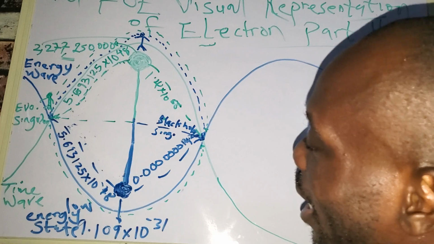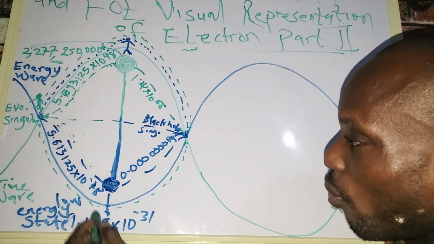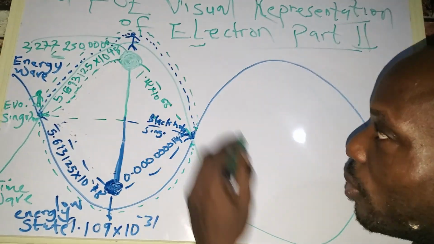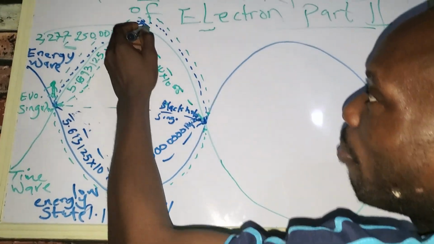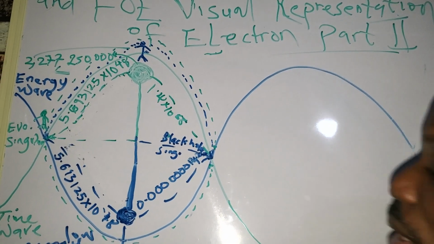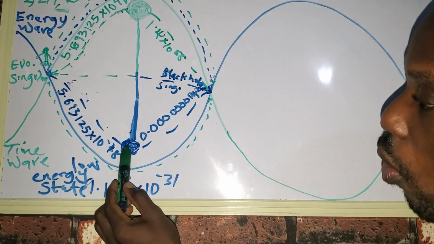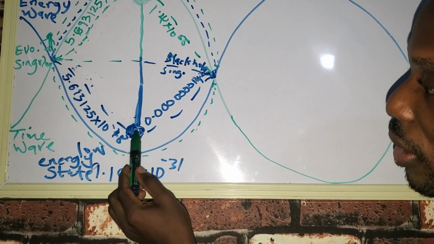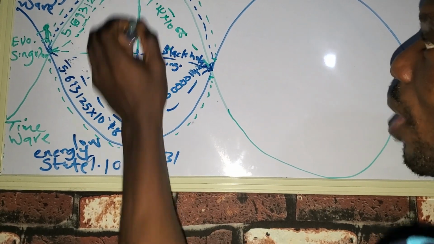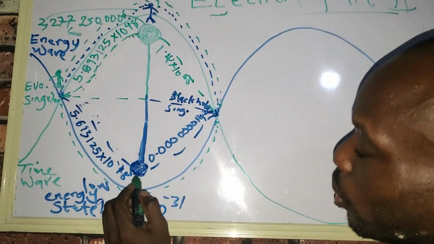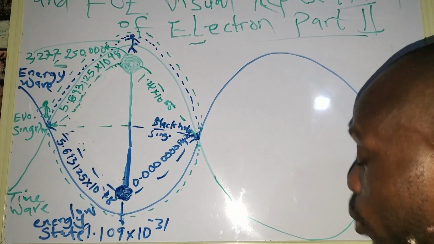So right here at the minimum point of the energy wave and the maximum point of the time wave, we have suspension of mass. So we have the quantum mass worth being suspended in this area, and the classical mass worth being suspended right here. What we are trying to do is track the quantum mass worth relative to the classical mass worth.